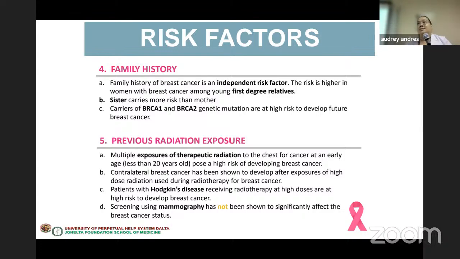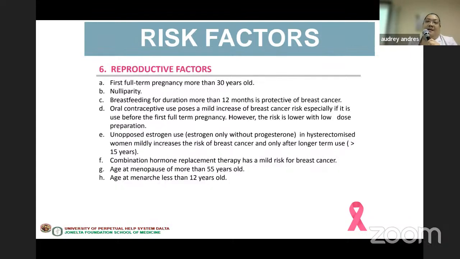Other risk factors: previous radiation exposure, multiple exposures to radiation for various reasons, puts you at high risk of developing cancer. Reproductive factors, these are hormonal exposure.